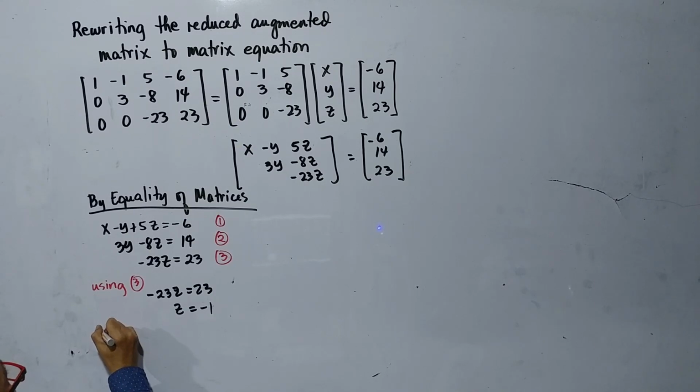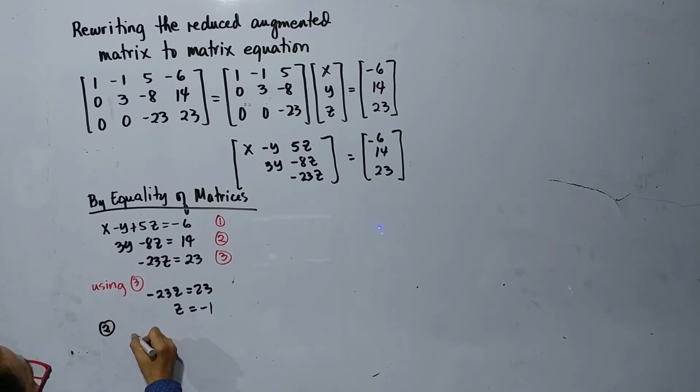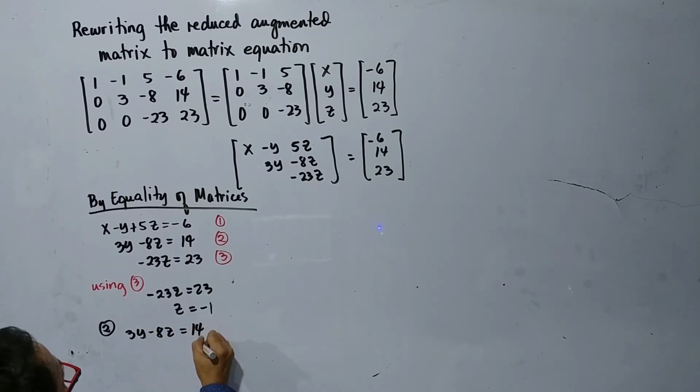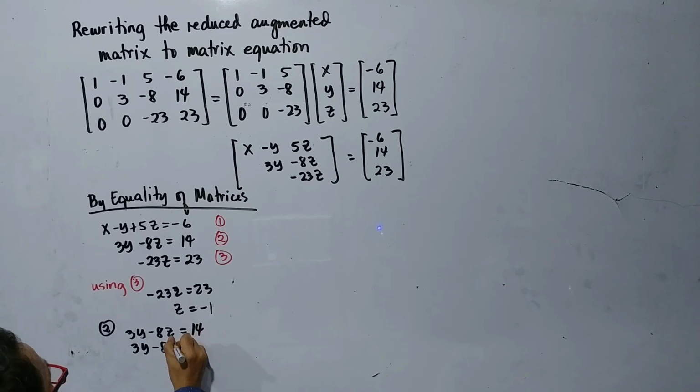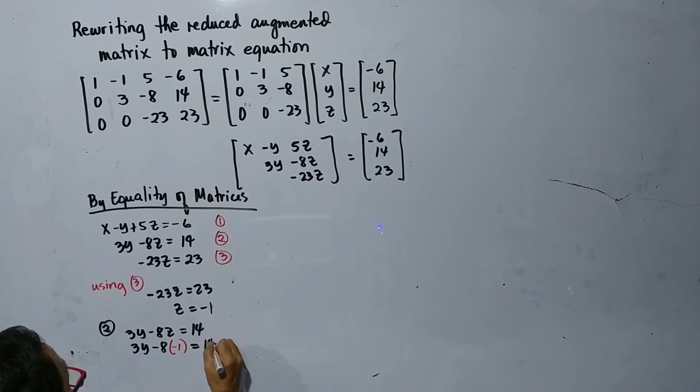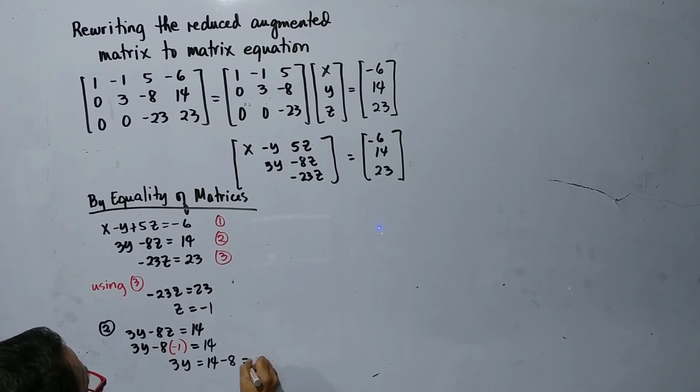Using equation 2, we substitute: we have 3y minus 8z equals 14, or 3y minus 8 times negative 1 equals 14, or 3y equals 14 minus 8, which is 6, or y equals 2.